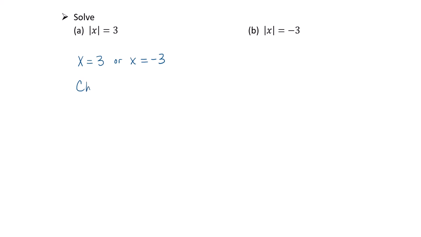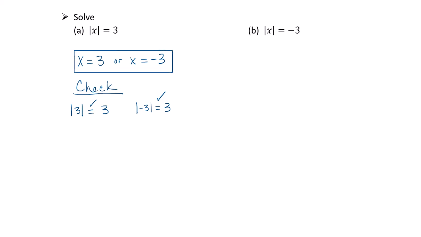If we wanted to check this, we put that in as absolute value of 3 equals 3, and this is true. The absolute value of negative 3 equals 3, and this is true. So both of our solutions are correct.